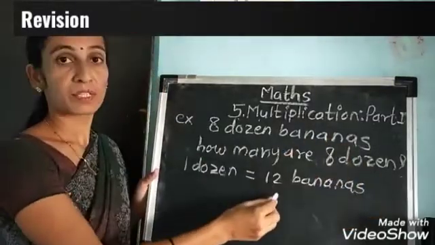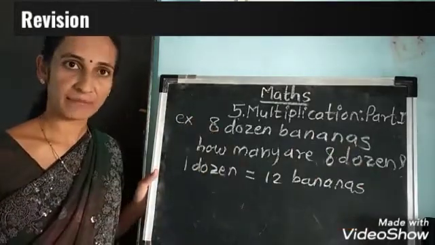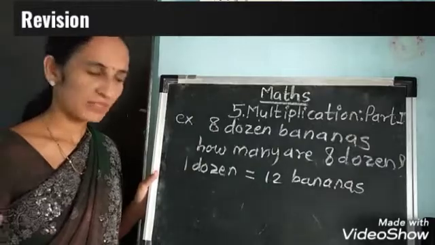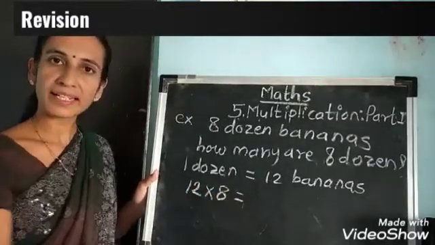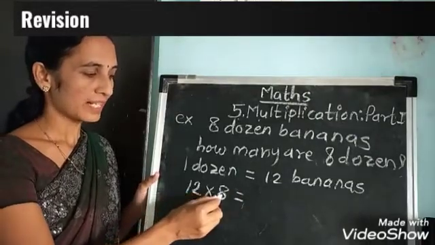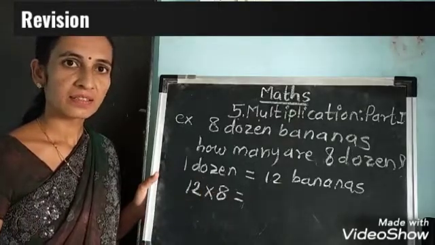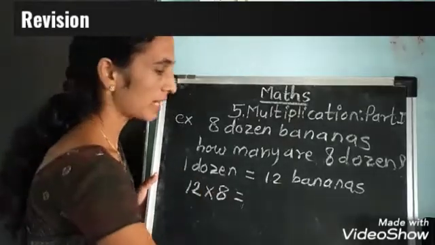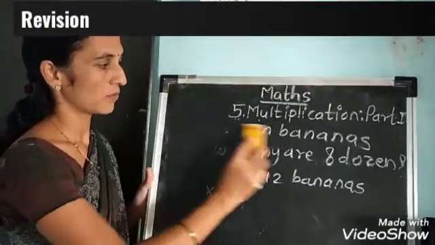Then 12 plus 12 plus 12 plus 12, like this we have to add 8 times. Instead of that, by multiplication we can do it. 12 multiplied by 8 gives the total number of bananas. We will solve this example by the lattice method.